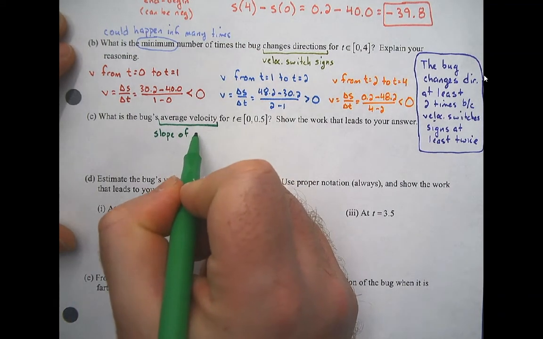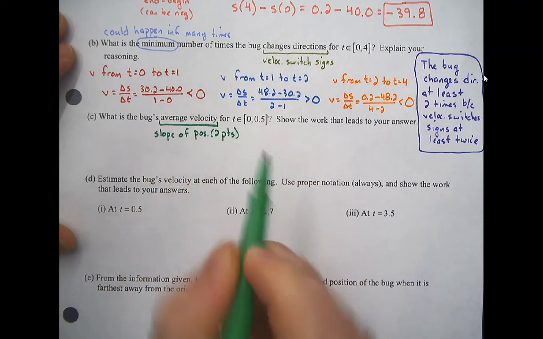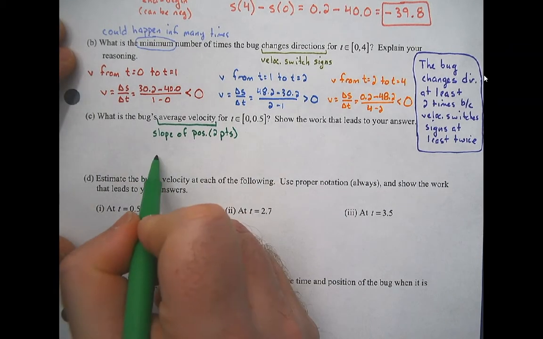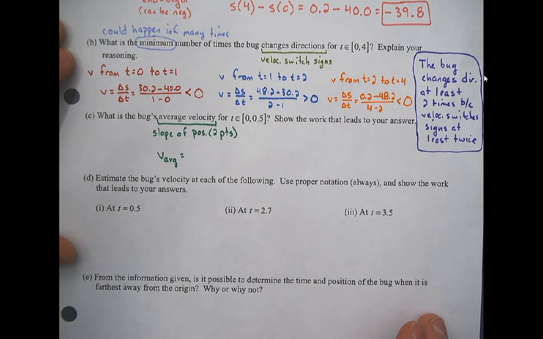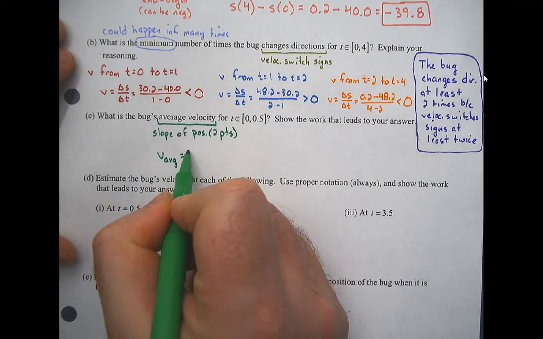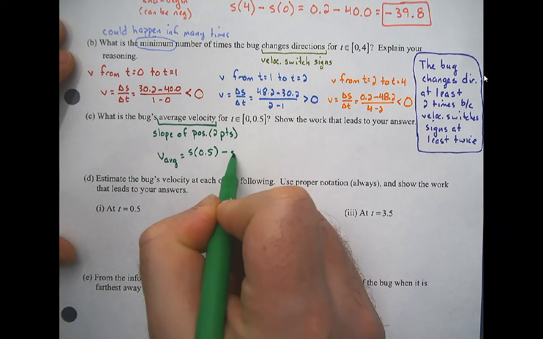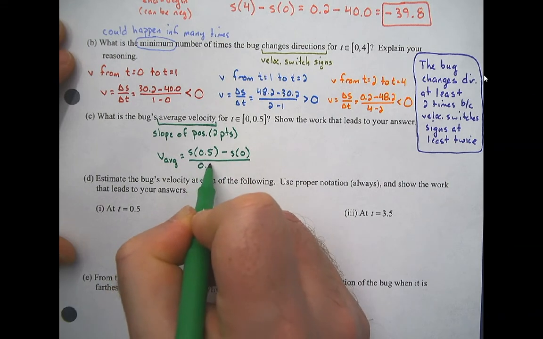We have 2 points of position. So we usually write V average, velocity average, is the change in position. So that's my position at 0.5, subtract my position at 0, over the change in time.